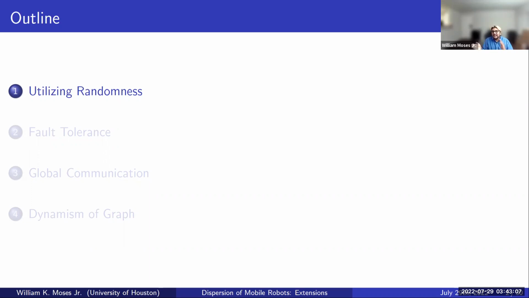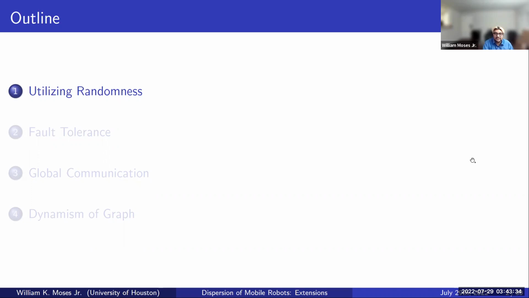The third extension that Anisur mentioned a bit about is global communication, where instead of robots only being able to talk to each other when they're at the same node, regardless of where they are in a graph, they can talk to each other. And the final extension is when the graph has some form of dynamism, how do you still solve this problem? Now with that, let's get into these one by one.